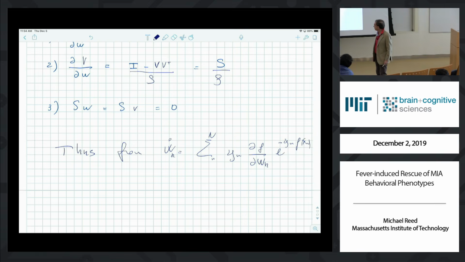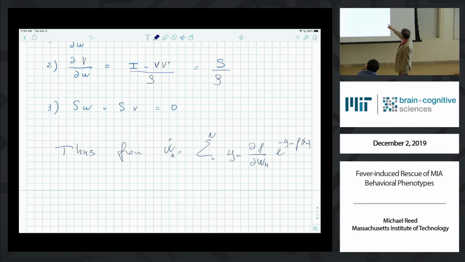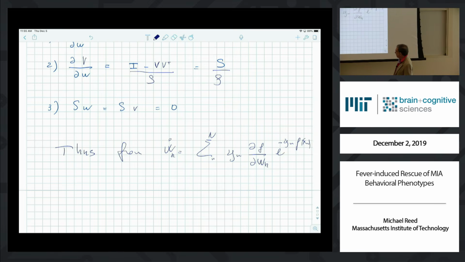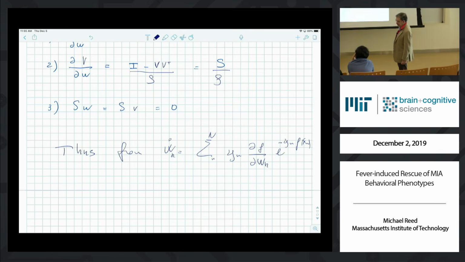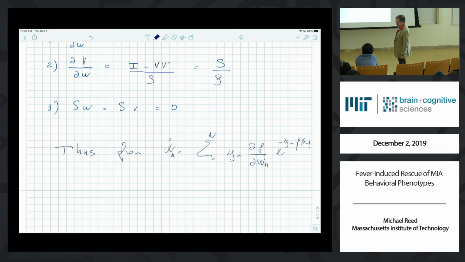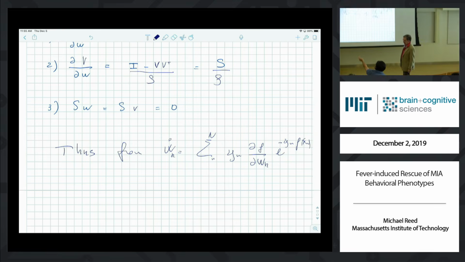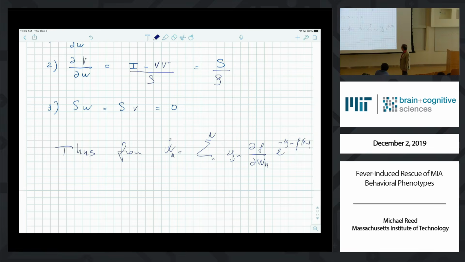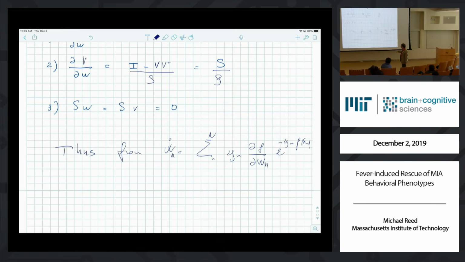What is S? Oh, S is the identity matrix minus V transpose. You're taking the derivative of V with respect to W. I need this derivative when I want to make this change of variables.